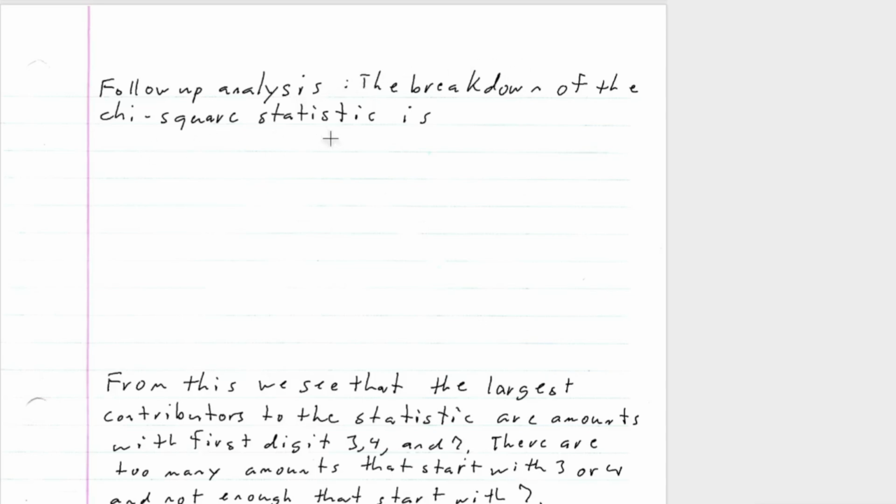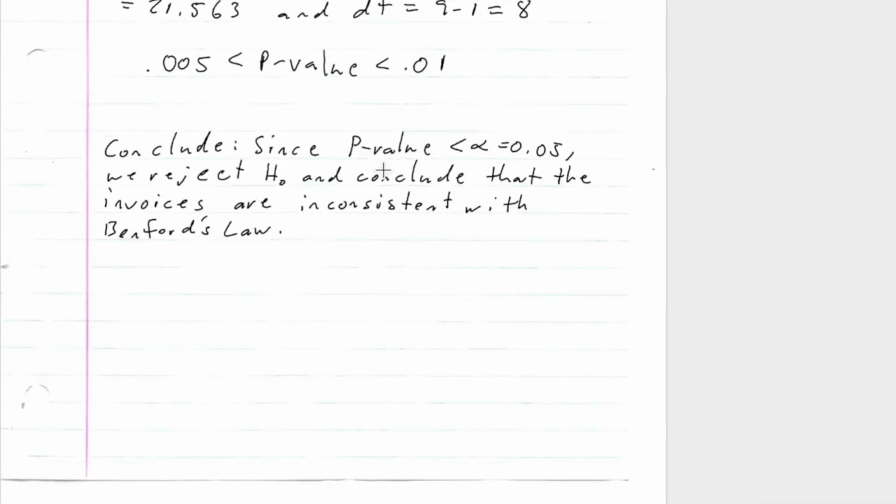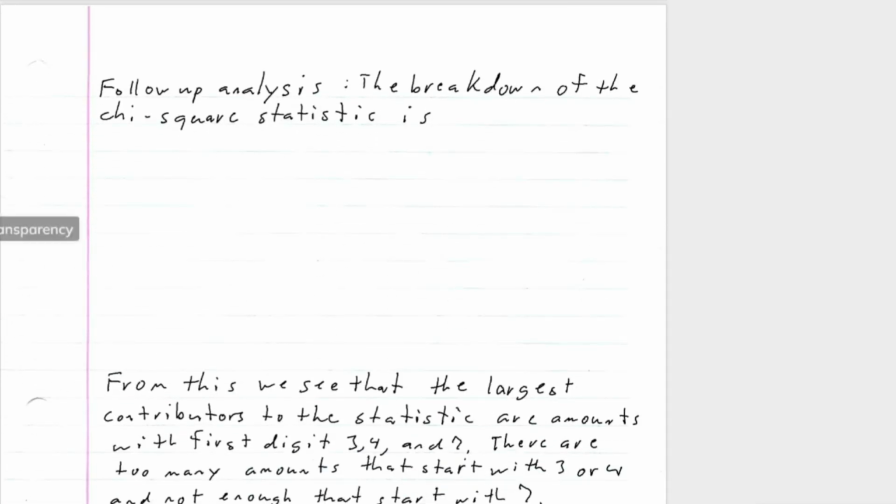Remember, the breakdown of the chi-square statistic was what we had up here, but let's put in the numbers to see how big a discrepancy everything is.